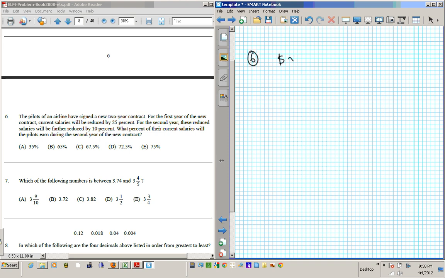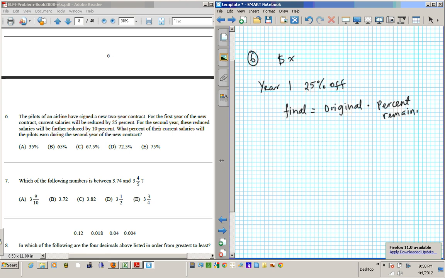All right, so after the year one reduction, we have 25% off. So the final amount is going to basically be the original multiplied by the percent remaining. Always multiply by the percent remaining.